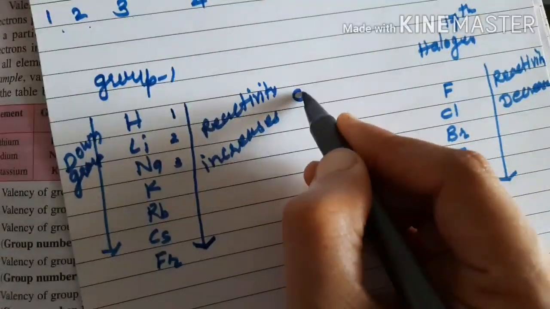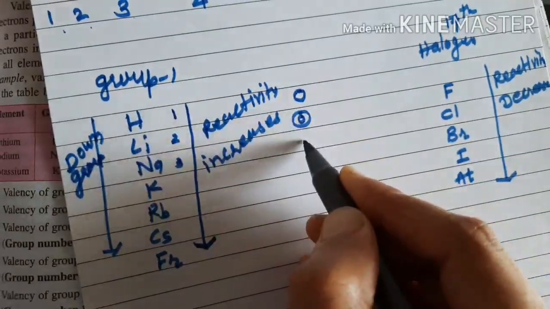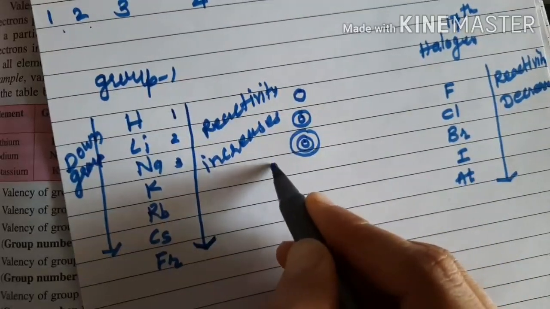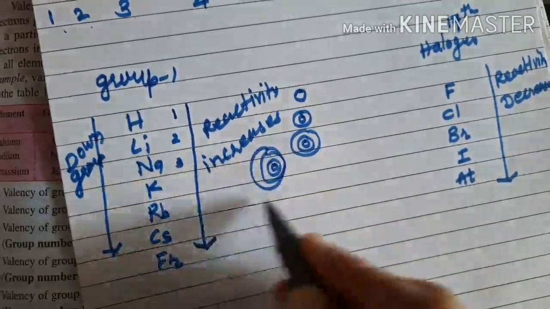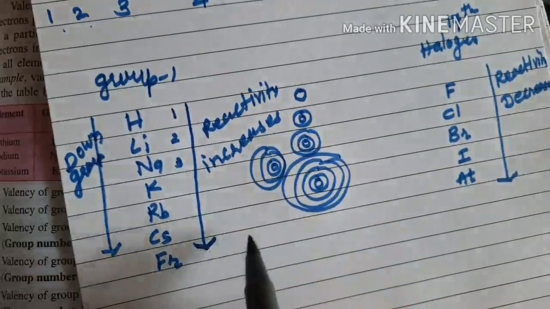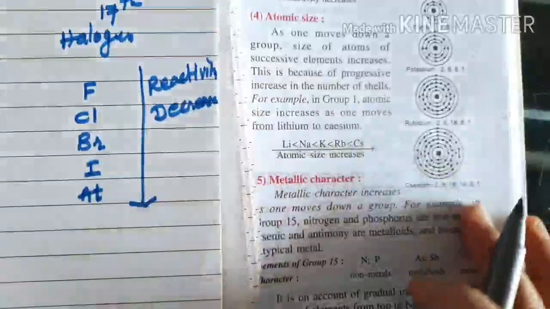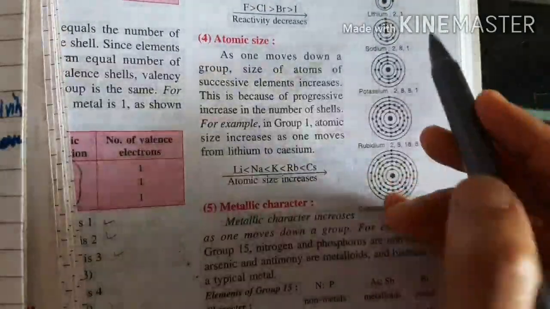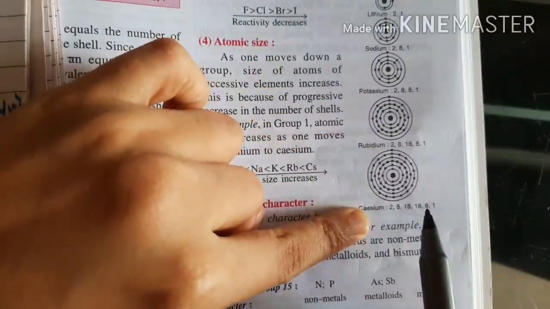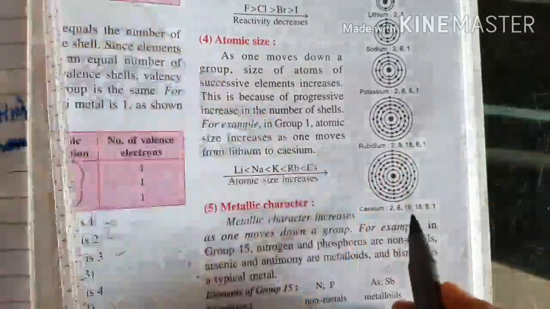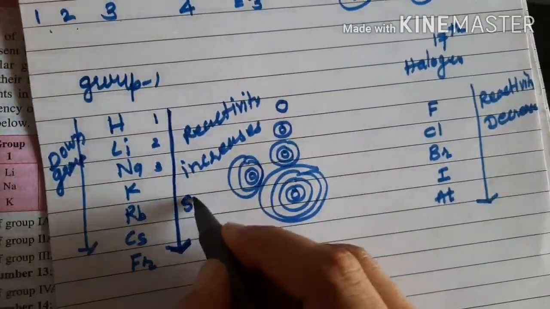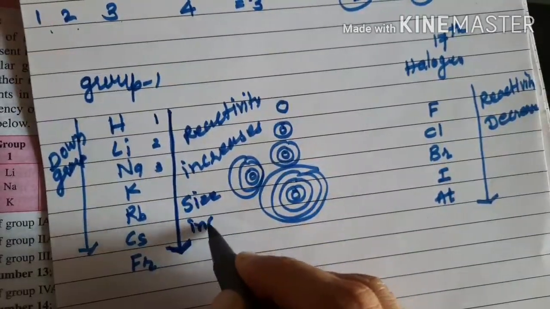So I'll draw here 1 shell, here 2 shells, here 3 shells. In potassium there are 4 shells, in rubidium 5 shells, like this. Here it is given properly in your textbook. The shells are increasing, so that is why the size is increasing.